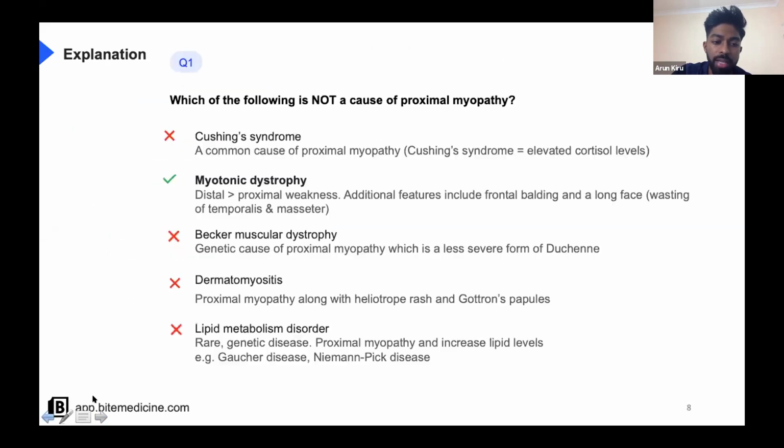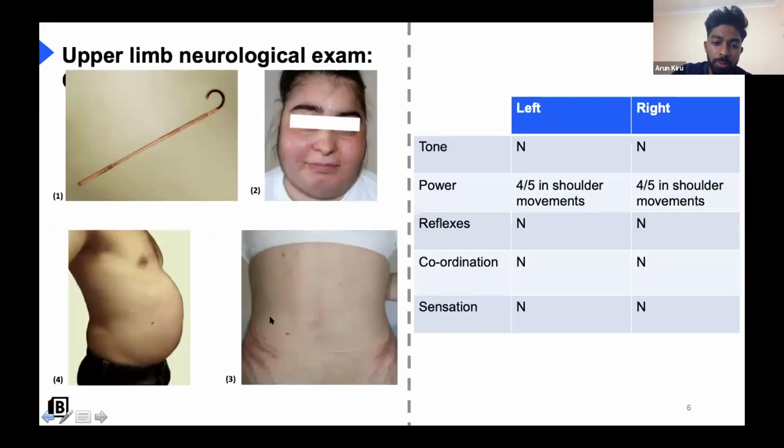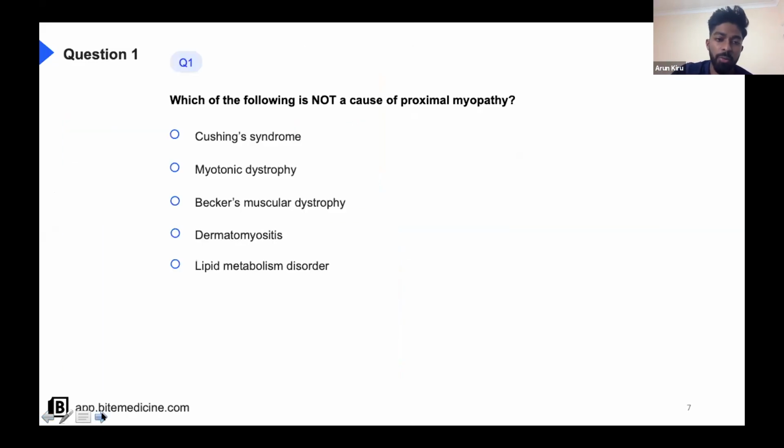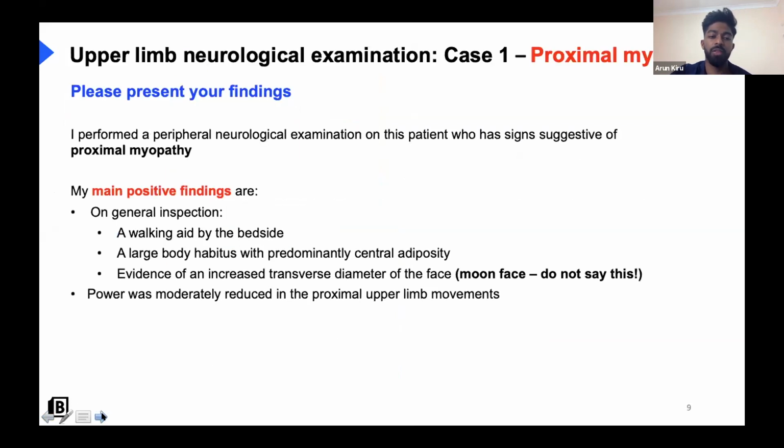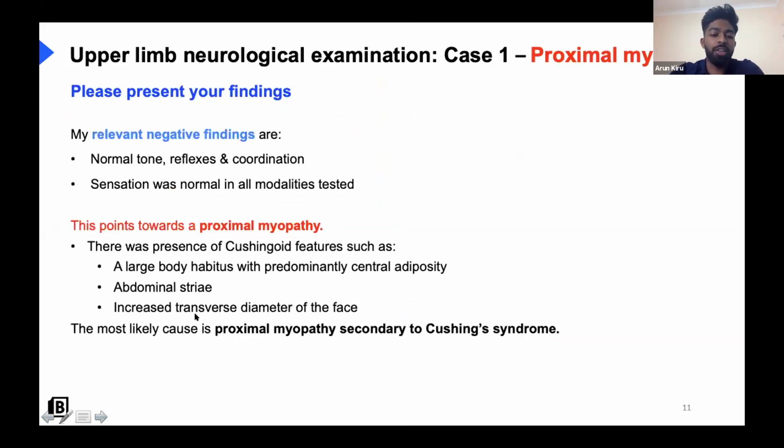Those were these red marks, they look like stretch marks, but it's basically where there's been breakdown of the skin and tissue there. And we'll talk about why that is in Cushing's. And increased transverse diameter of the face, so that's the moon facies. And the most likely cause is proximal myopathy secondary to Cushing syndrome. So there you go, you've got a really, really good presentation.